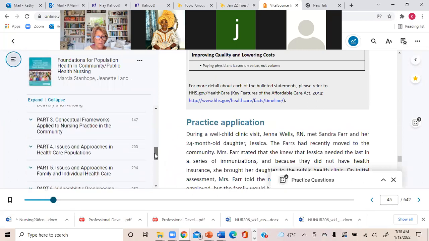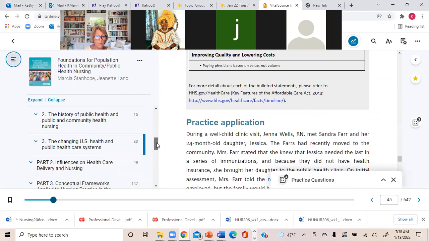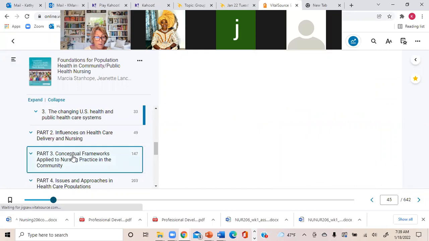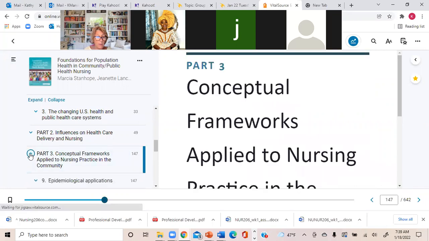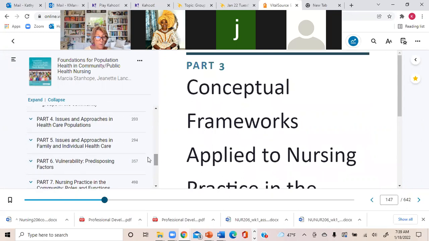And then the big one we get to is chapter 21. Chapter 21 starts to really give us a feel for, let's see, where's part 3? No, sorry. Need to get to chapter 21.